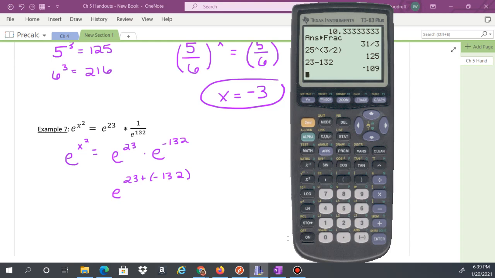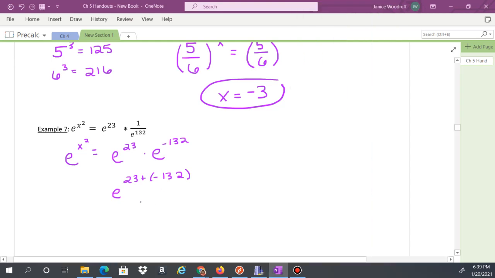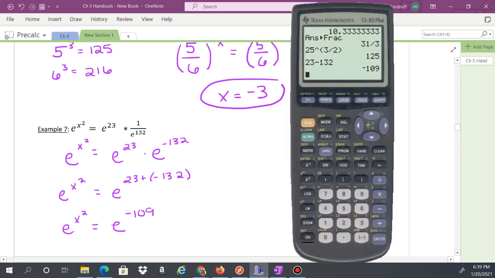Yeah, 109, sorry. Okay. So here's how we're going to write this. We're going to have e to the x squared equals e to the negative 109.